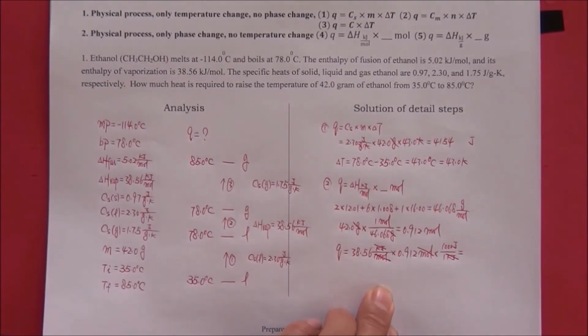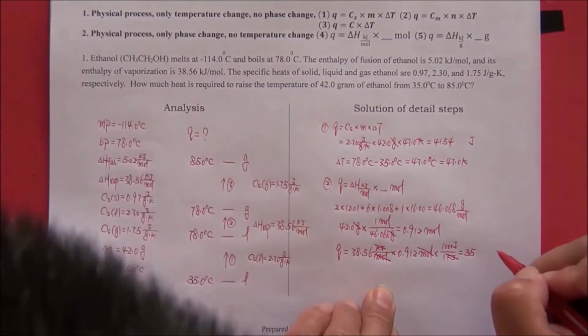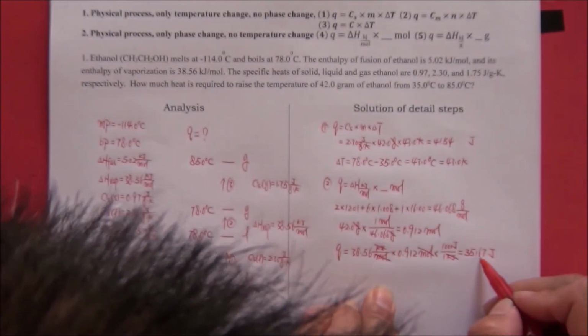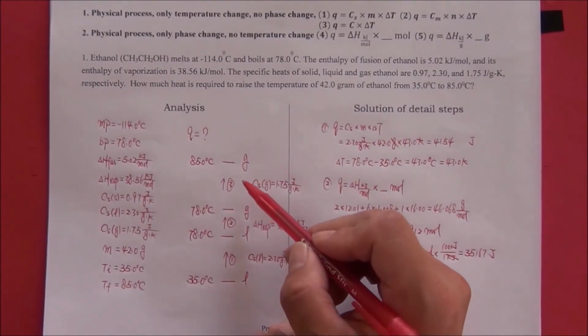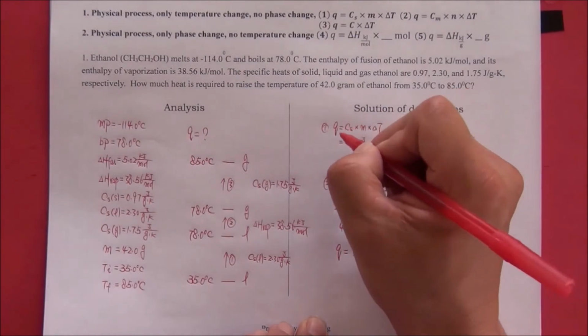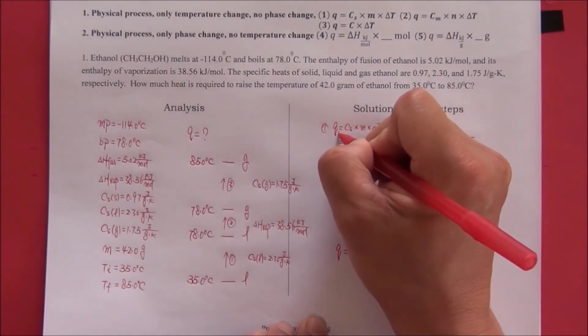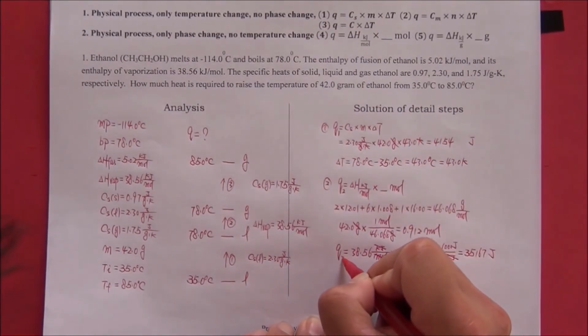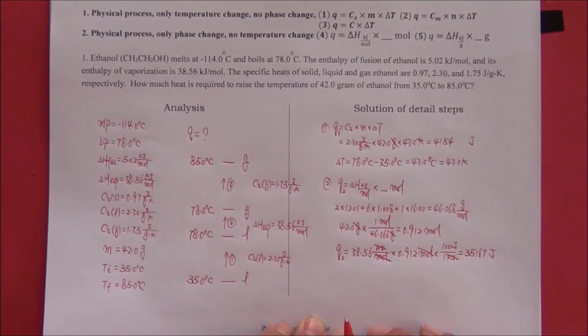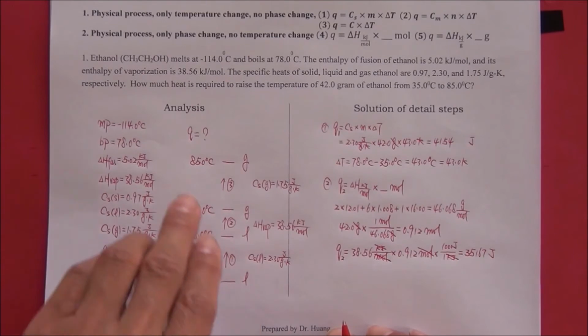Mole cancel, kilojoule cancel. We will get joule as our unit. The answer is 35,167 joules. Since we have 3 different steps, we want to label the heat for step 1 as Q1. And this is Q2.